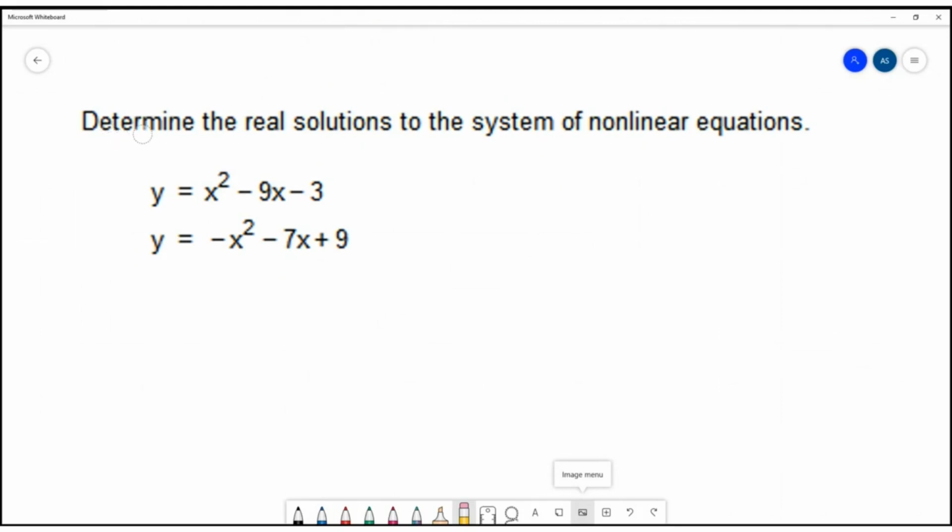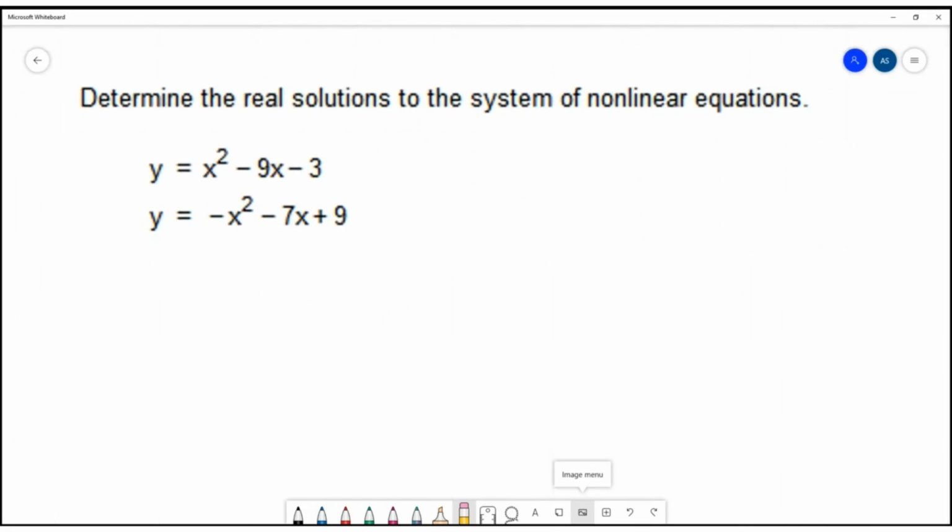For this one, we want to determine the real solutions to the system of nonlinear equations. Our system is y equals x squared minus 9x minus 3, and y equals negative x squared minus 7x plus 9.